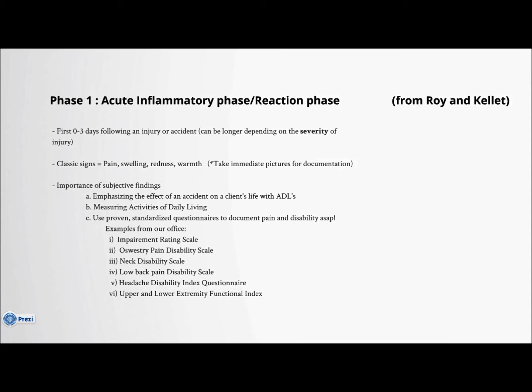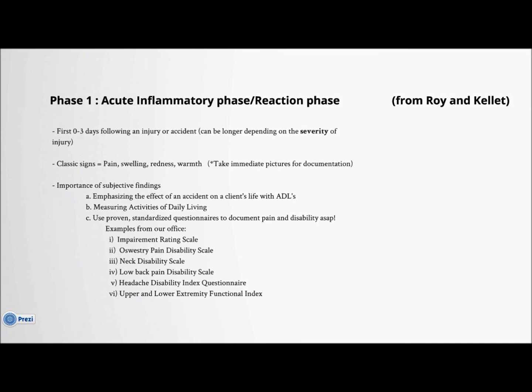There's a lot of factors that can be looked at. And you want to use proven, standardized questionnaires to document the pain and disability as soon as possible after the accident. Some examples that we use in our office are the impairment rating scale and the Oswestry pain and disability scale.